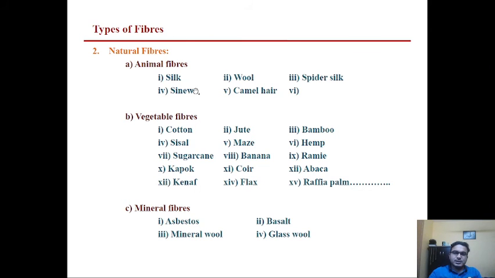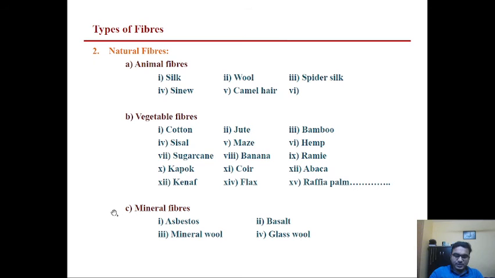That is silk, wool, spider silk, sinew, camel hair. Then vegetable fibers that we still use in our day-to-day life: cotton, jute, bamboo, sisal, maize, hemp, sugarcane, banana, ramie, kapok, coir, abaca, kenaf, flax, raffia palm and many others.